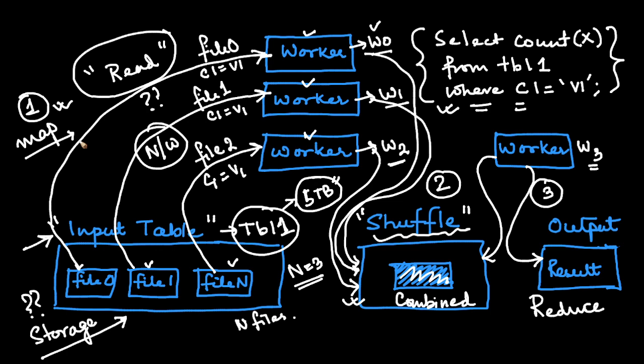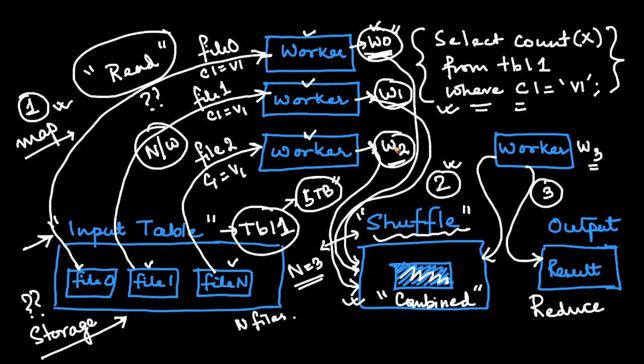All of the outputs of these workers are then brought together in the shuffle stage at once. All of this is happening at once. They are not happening in sequence. The moment W0 is done with its job, this worker W0 is pushing the output into the combination stage, the shuffle stage. The same happens with W1, the same happens with W2. All of them are working in parallel.